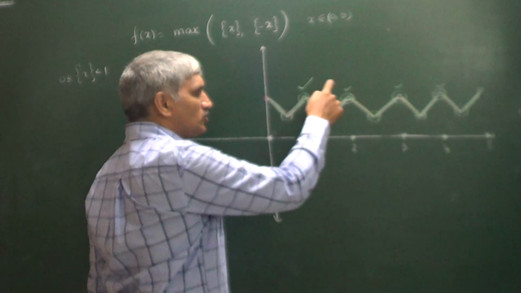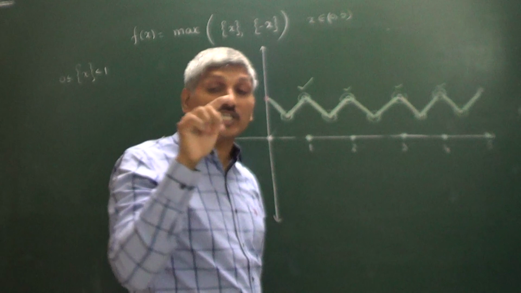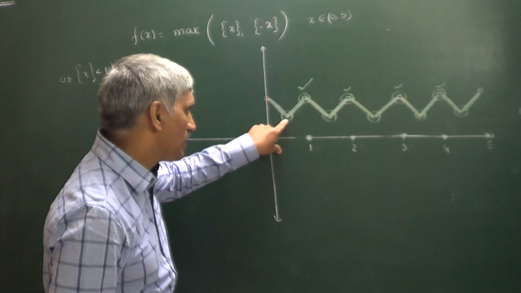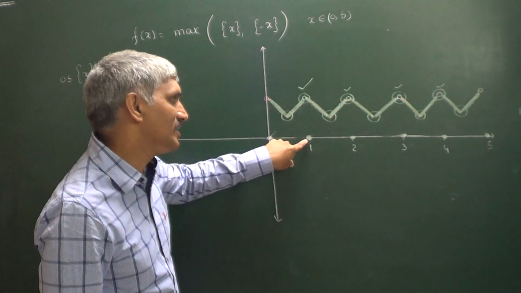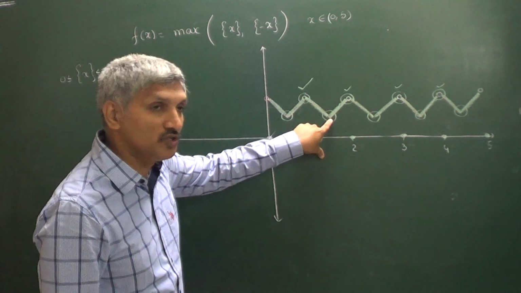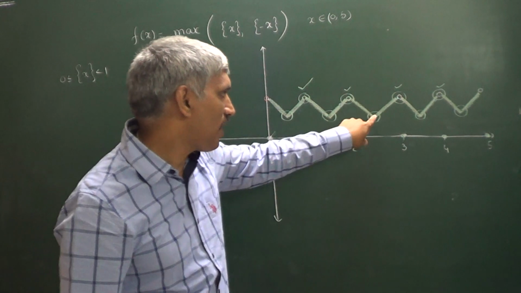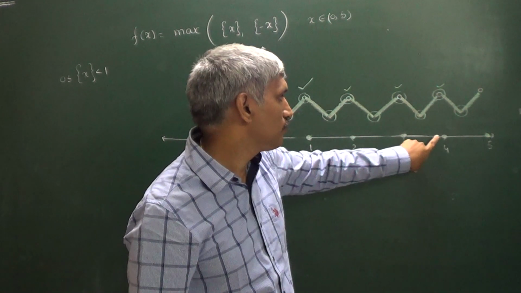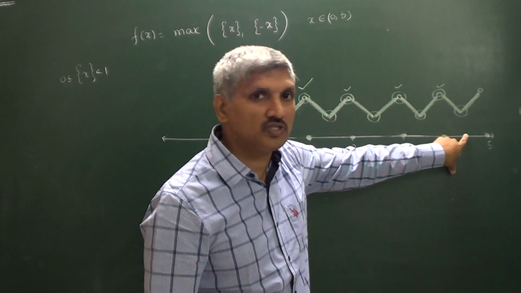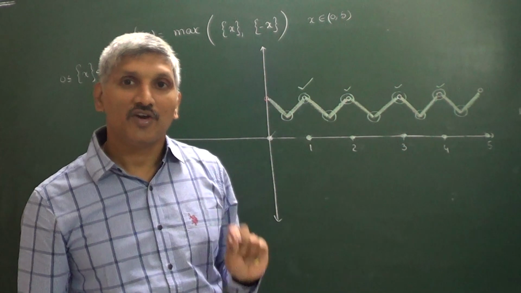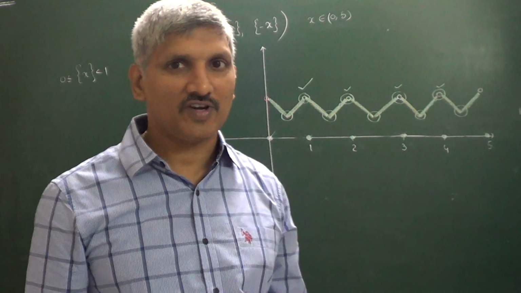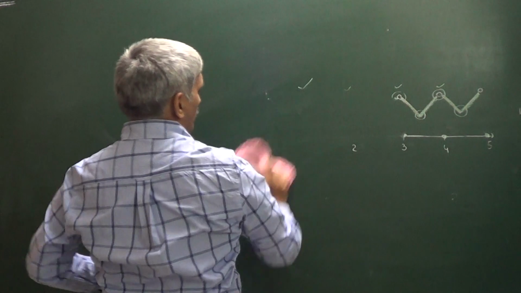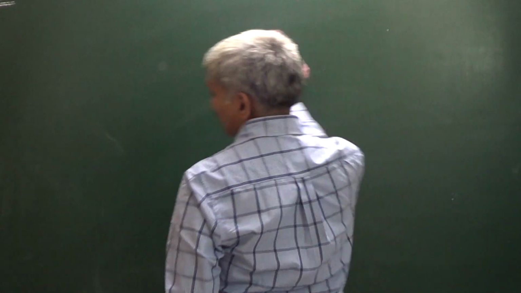That's why at 1, 2, 3, 4 the function is discontinuous, whereas at 1 by 2, 3 by 2, 5 by 2, 7 by 2, 9 by 2, these are the points where the function is not differentiable. So that is about the maximum of fractional part of x.